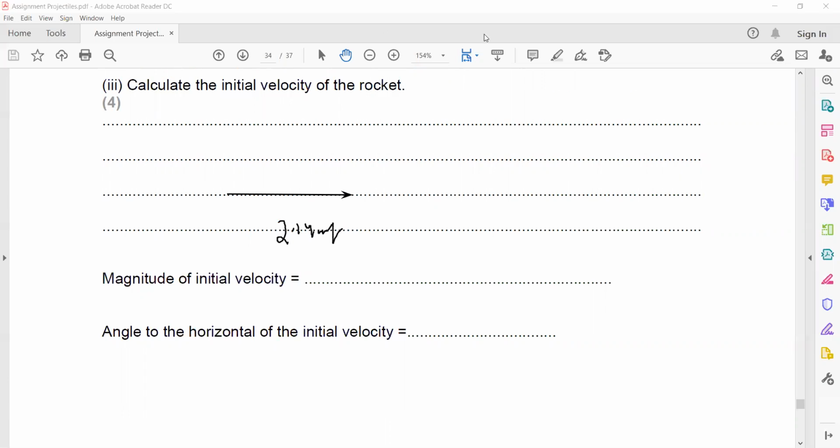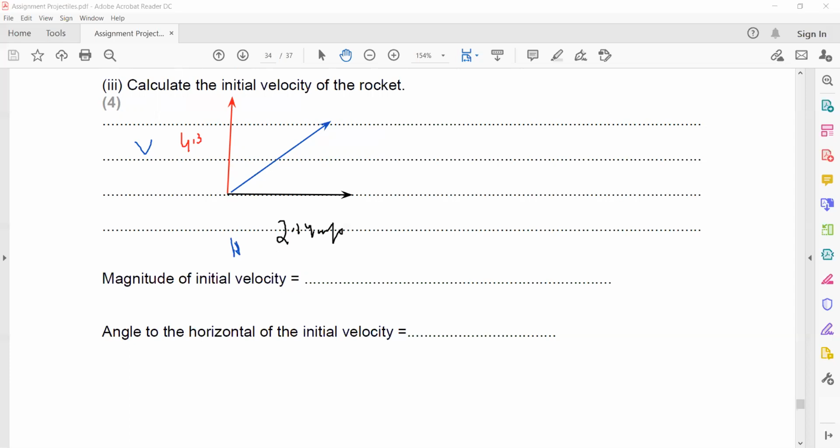And you have the vertical velocity, which we calculated, that was 4.3. But what we need is the speed at which it is launched, u, the actual one, not the component.